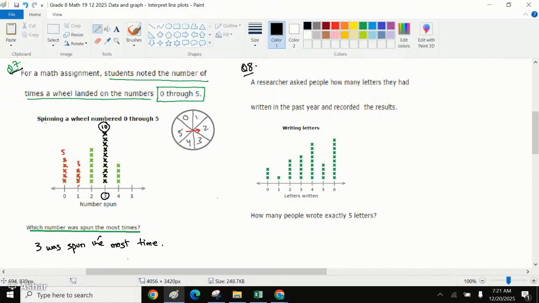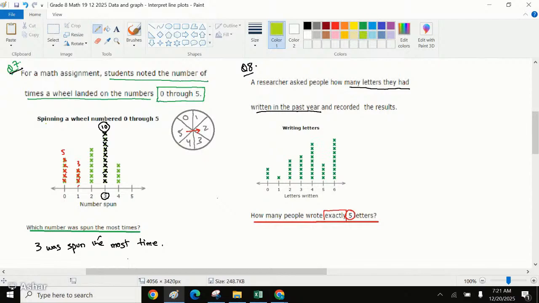A researcher asked people how many letters they had written in the past year and recorded the results. They're asking how many people wrote exactly 5 letters. Exactly means not less than 5, not greater than 5, exactly 5 letters.